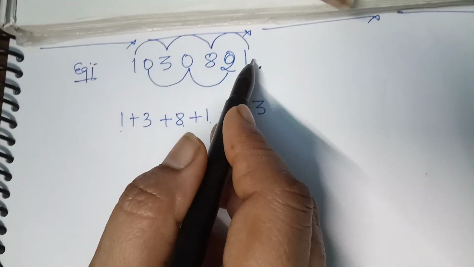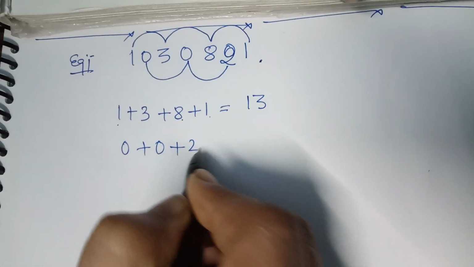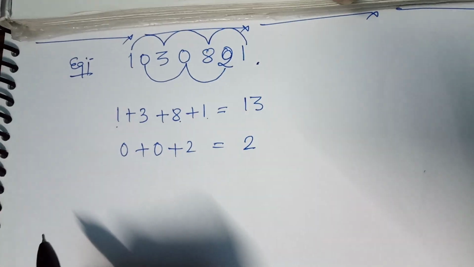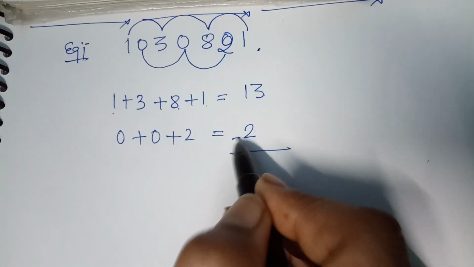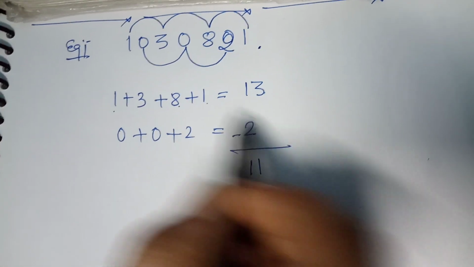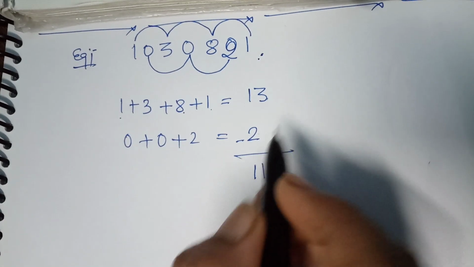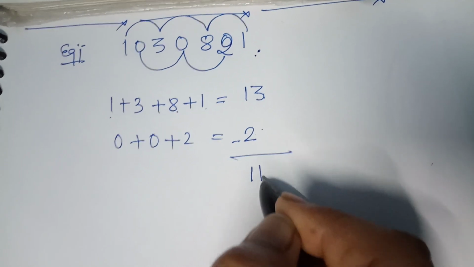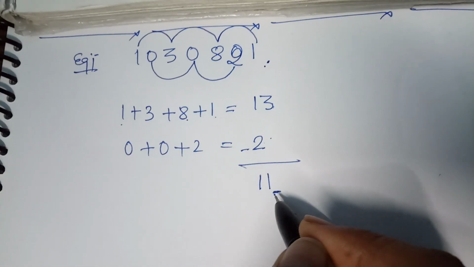And the digits at even places, that is 0 plus 0 plus 2, the sum is 2. And the difference of these two sums, 13 minus 2, is 11. So this whole number is divisible by 11 because the difference is 11 or a multiple of 11 or 0.